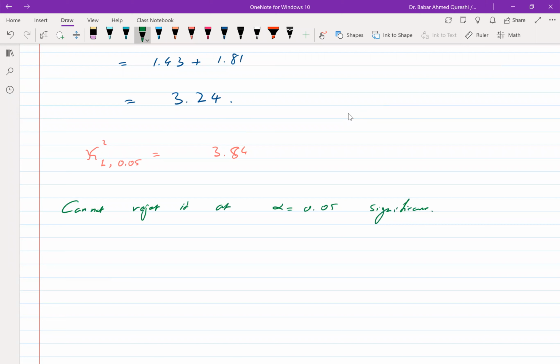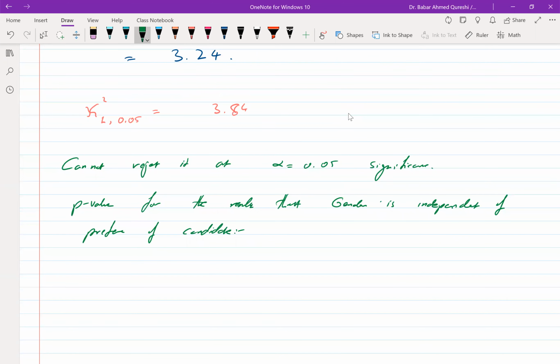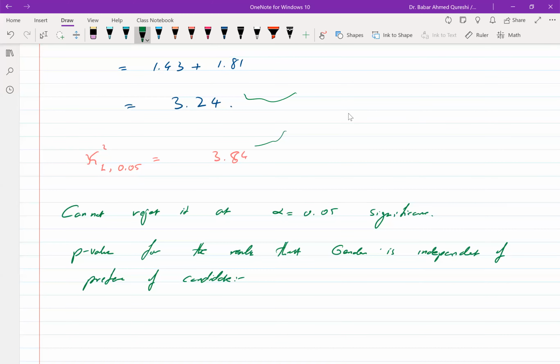So I can compute the p-value for the result that the gender is independent of preference of candidate. So what would be the p-value if I put this observed thing equal to the critical value?